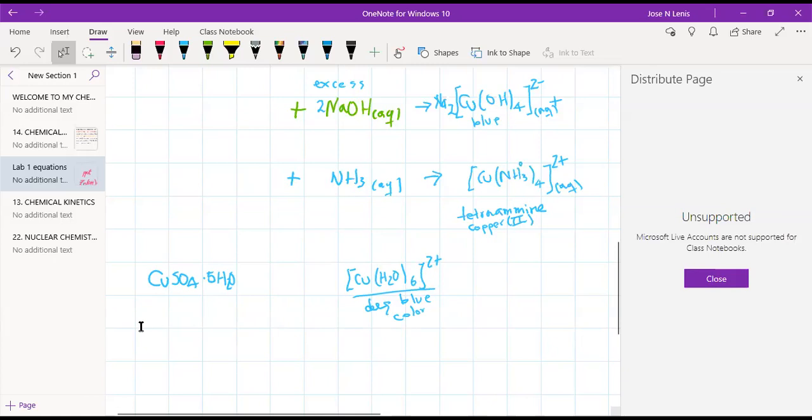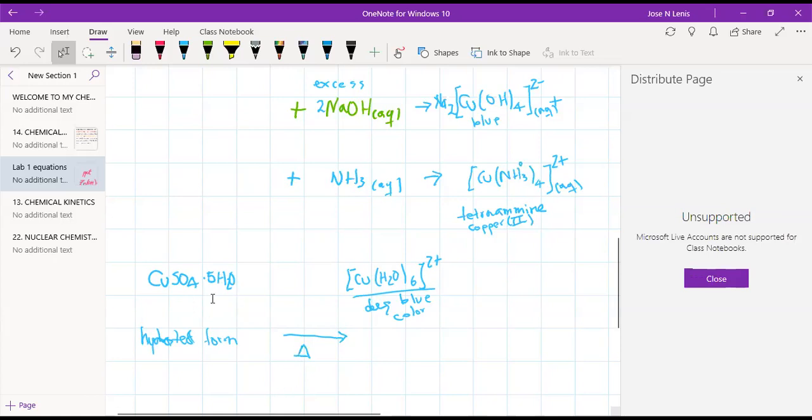Now, this is called, I mentioned it before, the pentahydrated, the hydrated form. This part of the experiment consists of getting rid of the water by heating.